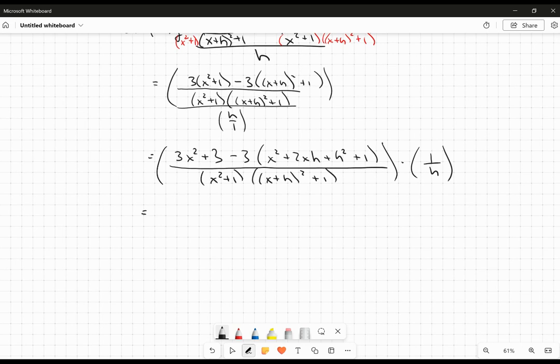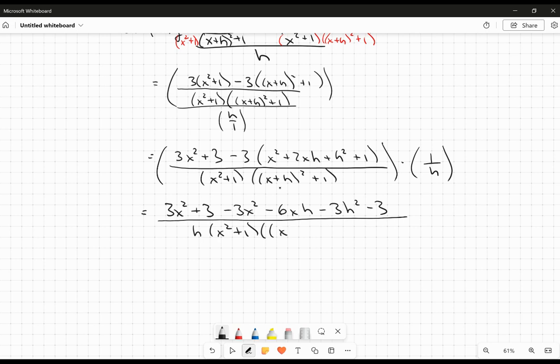So now my numerator will become 3x squared plus 3 minus 3x squared minus 6xh minus 3h squared minus 3, all over, I'm going to bring that h in there, h times (x squared plus 1) multiplied by ((x plus h) squared plus 1).